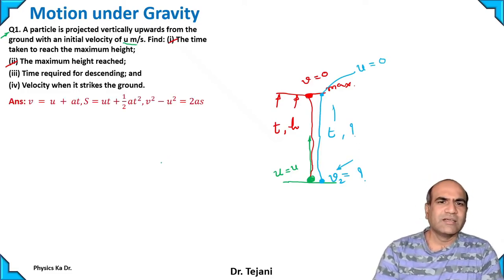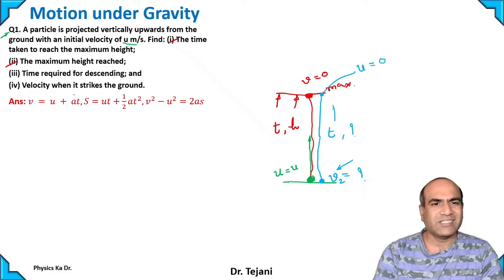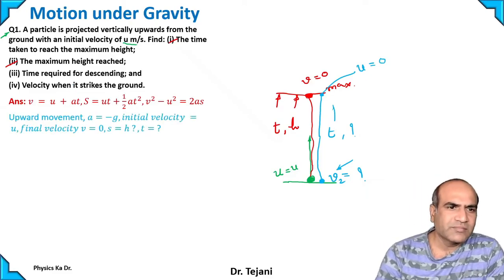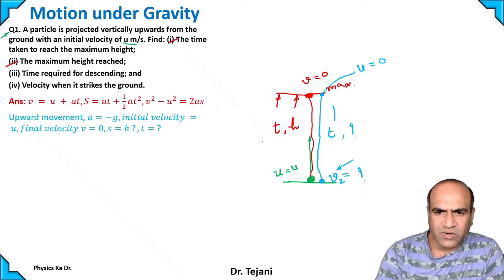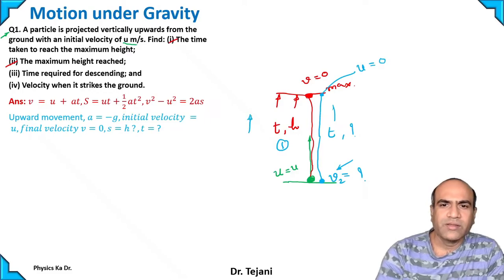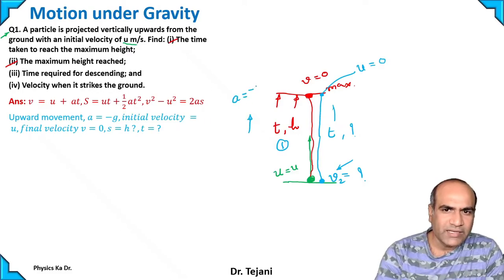So the equations of motion, we need to remember these. Do not remember separate equations with g; both will be the same. In the first case, we are considering the object moving upward, so acceleration is equal to minus g.